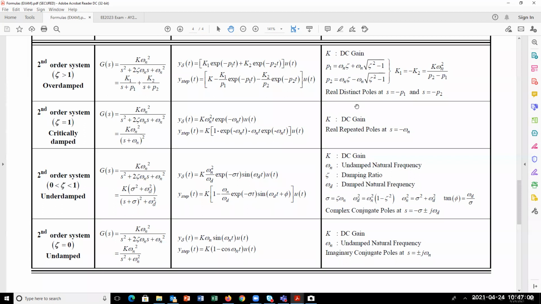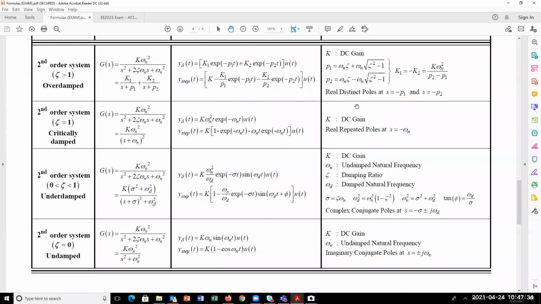Let's put down this equation first, because otherwise I've got to keep flipping the screen. So this equation, y step, equals K times 1 minus omega n over omega d, e to the minus sigma t, sine of omega d t plus phi.